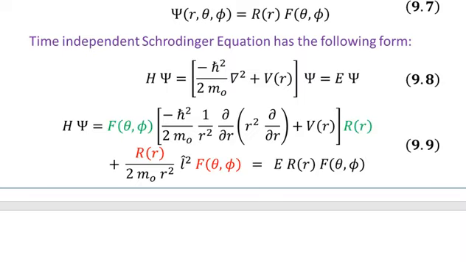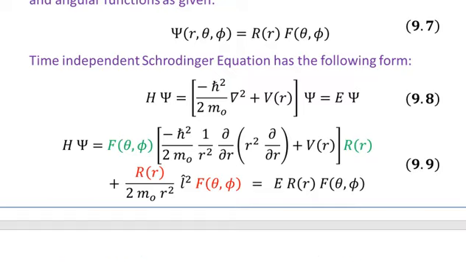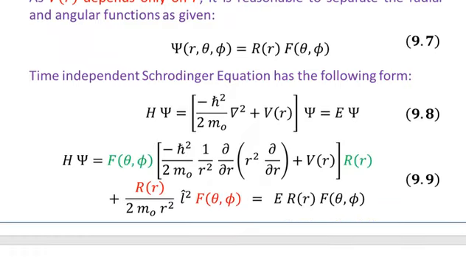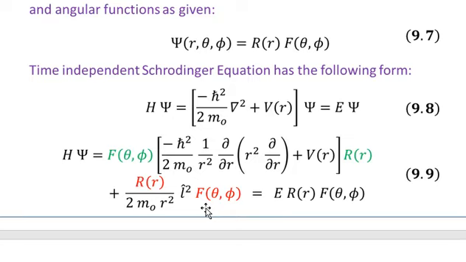Because the L square operator is defined to operate on the azimuthal wave function. So L square has a form given in equation number 9.6, which contains theta and phi derivatives. So the azimuthal part of the wave function will be kept on the right hand side of the L square operator, whereas the radial part shown in red will be kept on the left hand side of the L square operator.